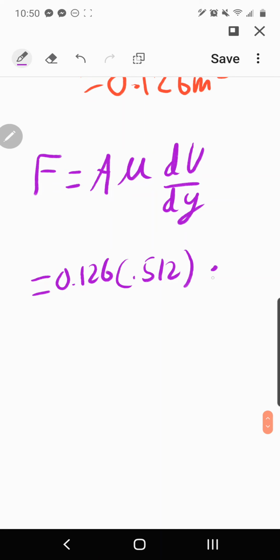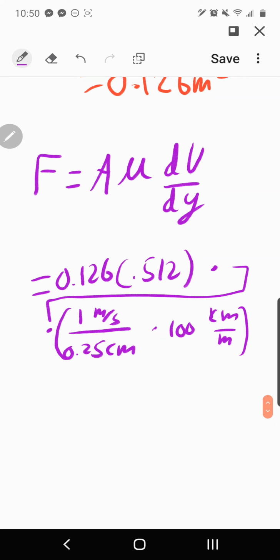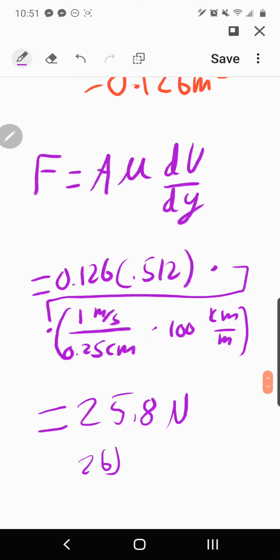Then we're going to multiply it by 1 meter per second divided by 0.25 centimeters. We need to do some conversions here, multiplying by 100 centimeters per meter. And what do we get in the end? We get a force of 25.8 newtons, which is most closely resemblant of 26 on our answers, which is choice C.